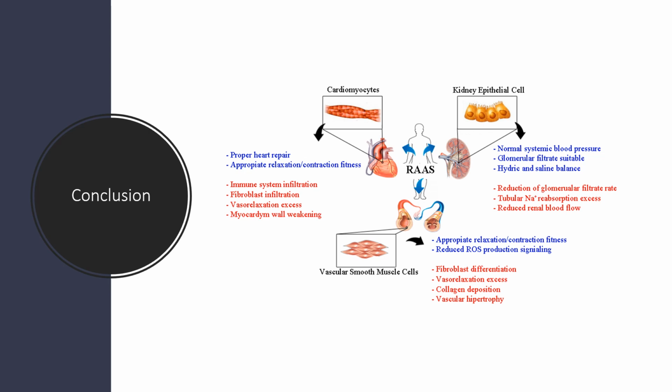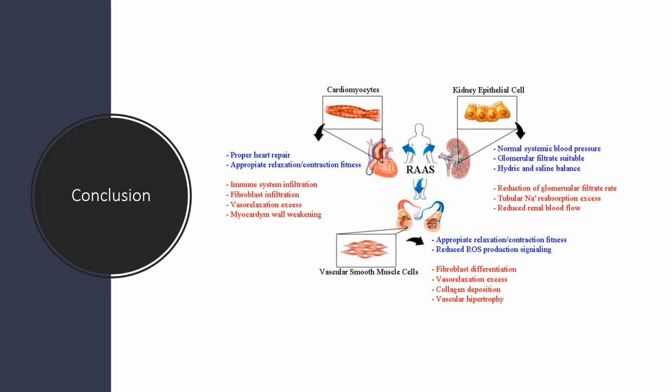Angiotensin converting enzyme, or ACE, then converts angiotensin 1 into angiotensin 2, which has potent vasoconstrictive effects and stimulates the release of aldosterone from the adrenal glands. Aldosterone acts on the kidneys to increase sodium reabsorption and potassium excretion, leading to increased water retention and expansion of blood volume. This helps restore blood pressure back to normal levels.